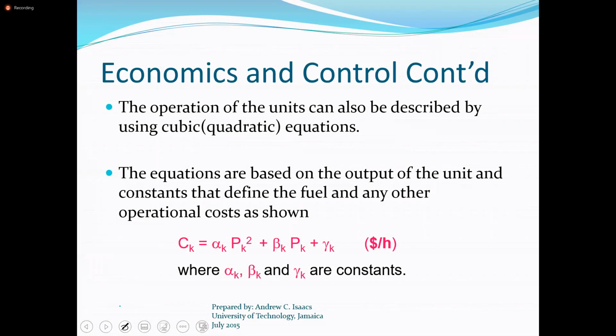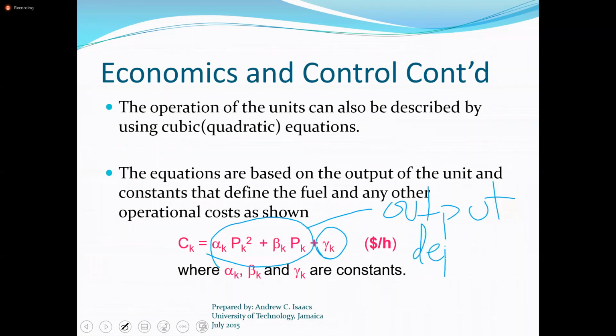Gamma would represent your fixed cost. This component of the cost function will be output dependent. All right? So that will be output dependent. But this part will be fixed. All right?